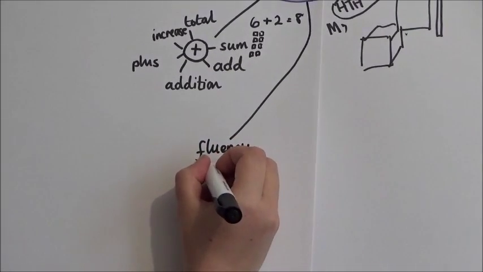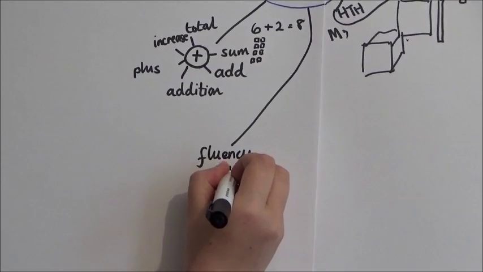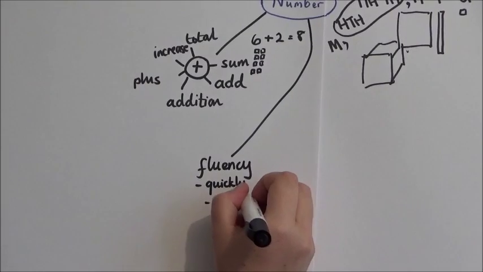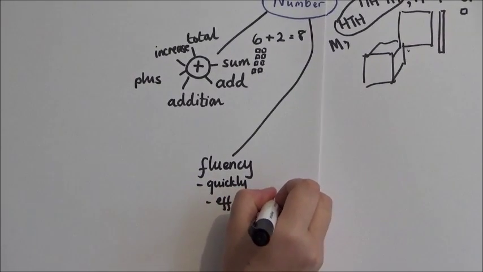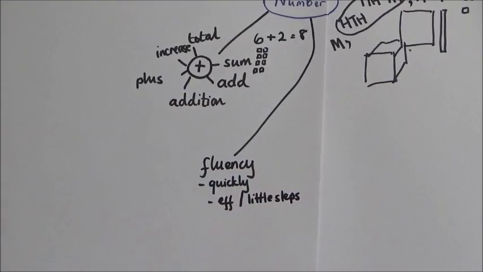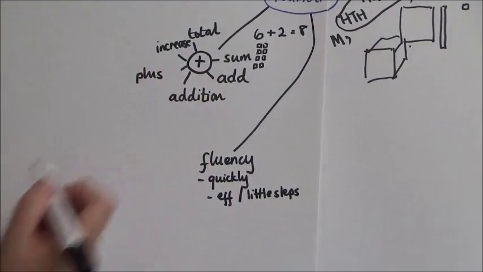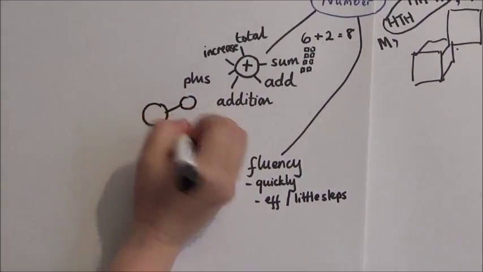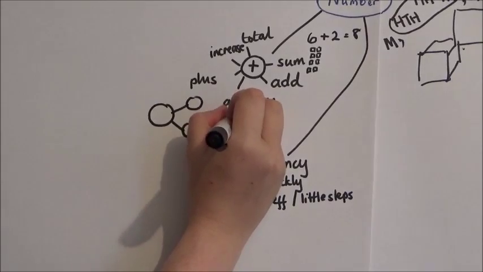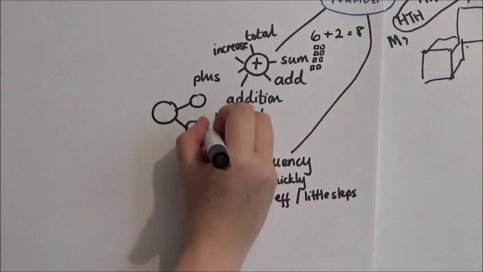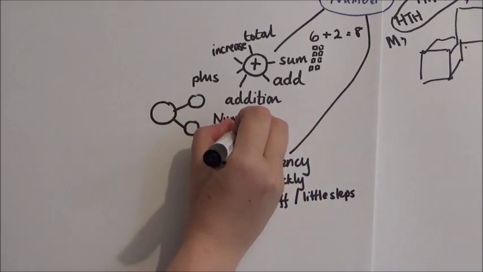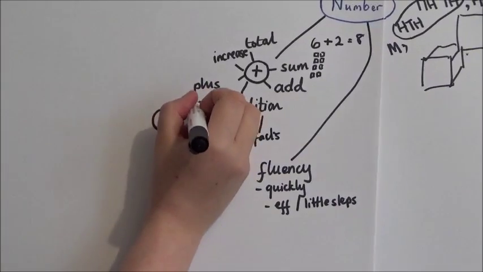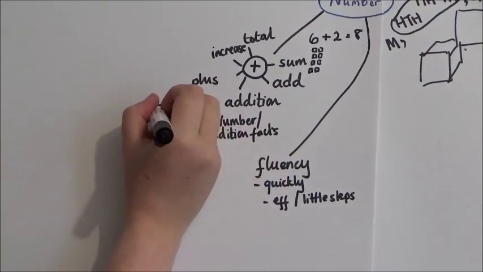Fluency means that we're doing things quickly, more efficiently, and that we did it in as few steps as possible to make the calculations easier for us. When we were doing add, we looked at doing the part-part whole diagrams to help us remember number facts or addition facts. So that we know that 3 and 4 is the same as 7.